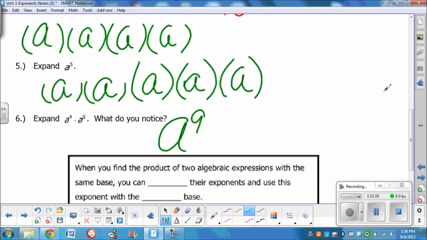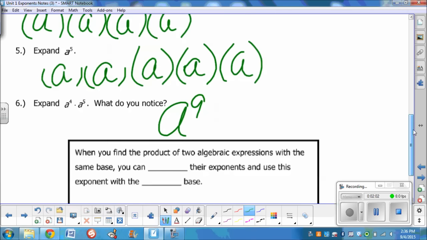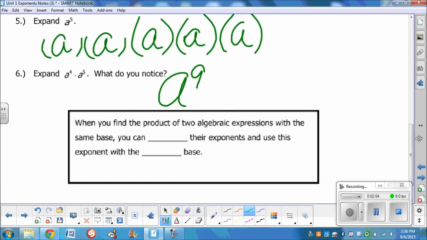So what's happening? What is going on? It says when you find the product. Product means when you multiply the product of two algebraic expressions with the same base. Same base is a key piece of information here. We had a to the 5th and a to the 4th, or we had 10 to the 6th and 10 to the 3rd.